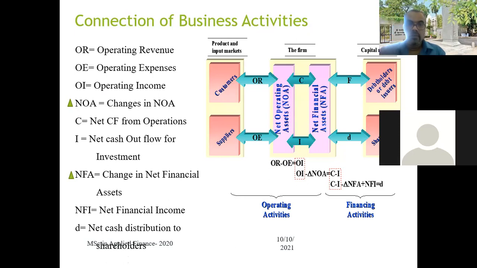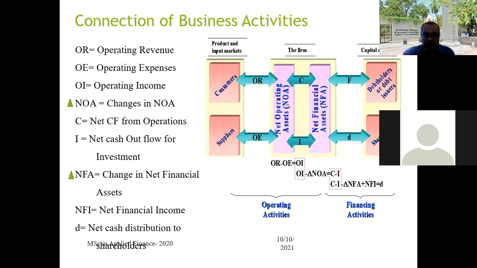Then the second one, the connection between operating income and free cash flow. This is the place where we need to pay attention. The idea is this.